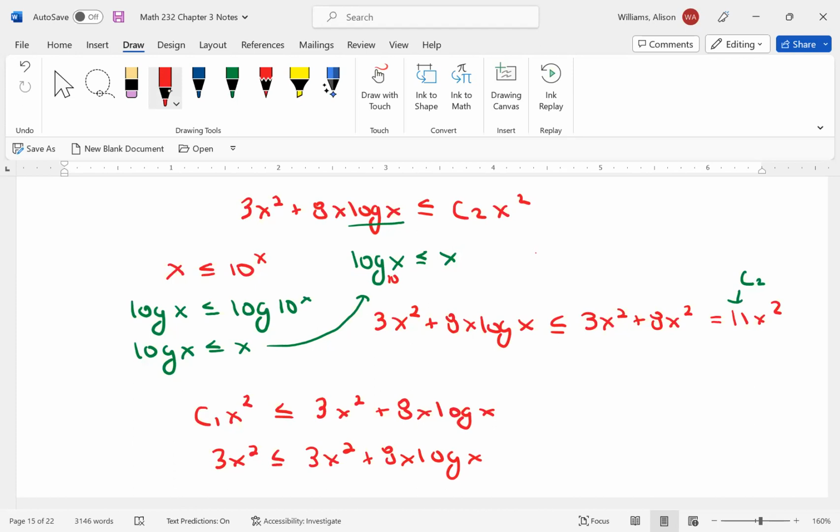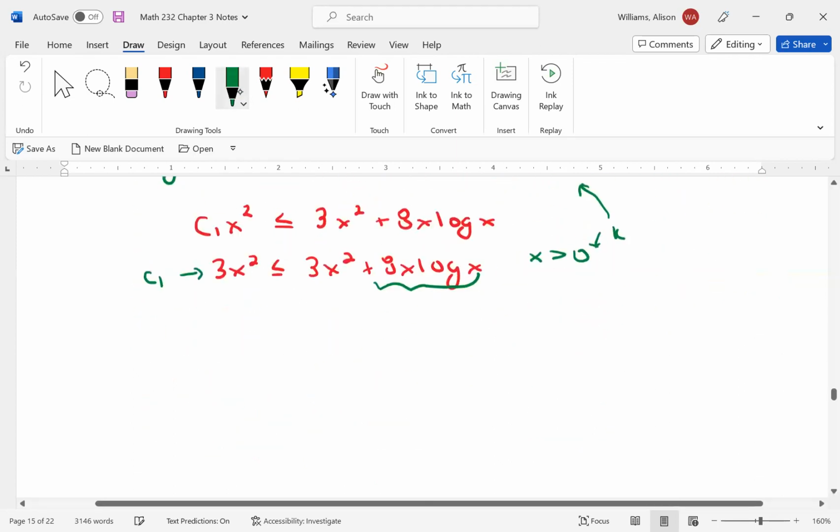Clearly, this is true because I'm adding something to 3x squared on this side. So there's C1. And this is true the minute we are looking at positive x values, so when x is bigger than 0. That's k. So there's k as well. Okay, so we're good for that value.